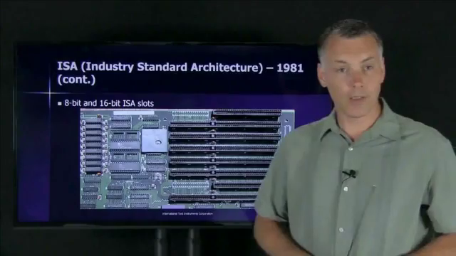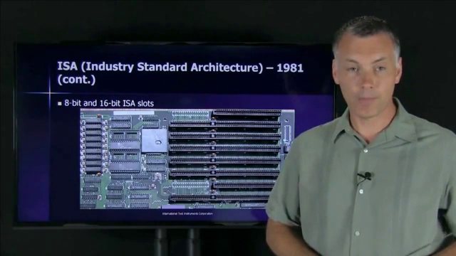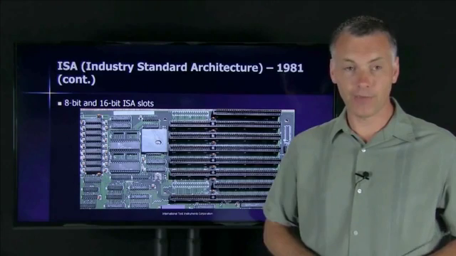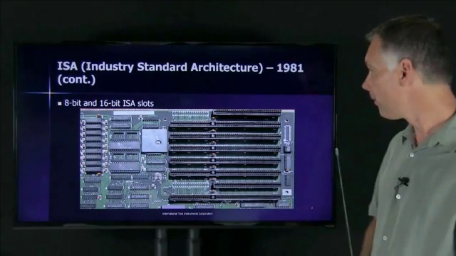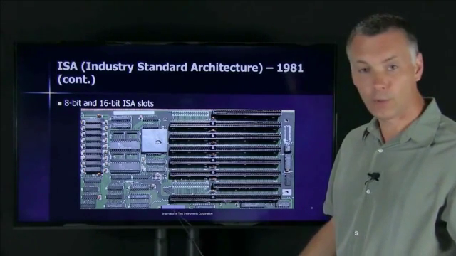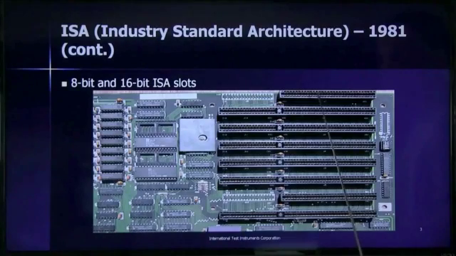This slide shows the original IBM PC-AT motherboard from 1984. This is the board that uses an 80286 CPU. And you can here see the two different slots.